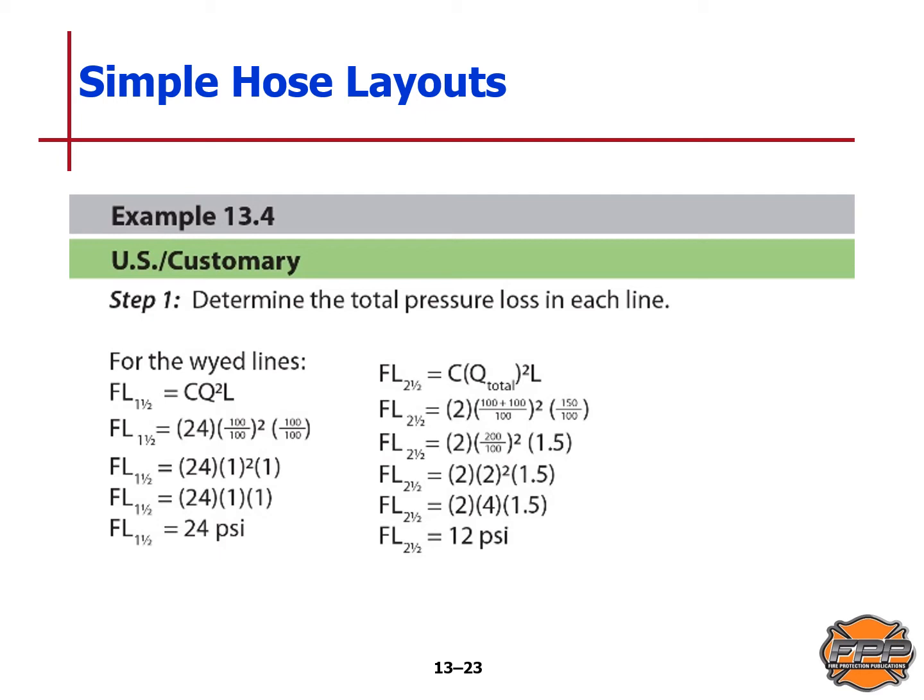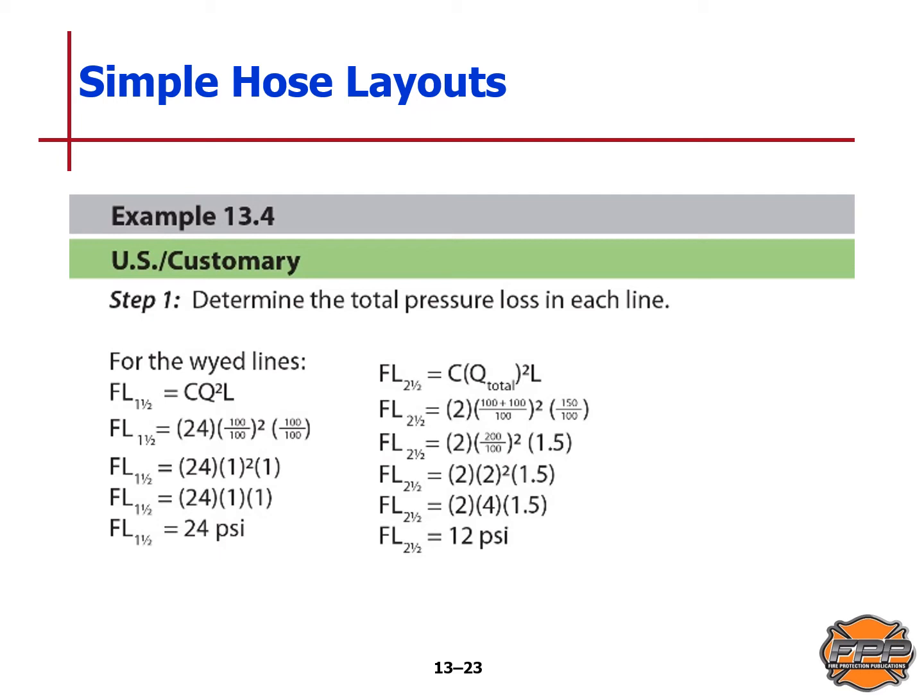That gives us a friction loss on the 1.5 inch line of 24 times 1 squared, times 1. So if we work out the math, we get 24 times 1 times 1, which gives us a friction loss on the 1.5 inch of 24 psi.